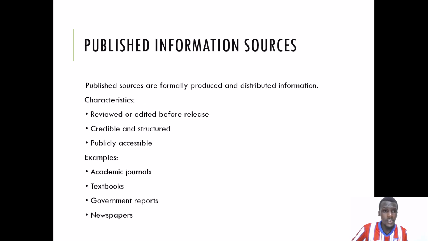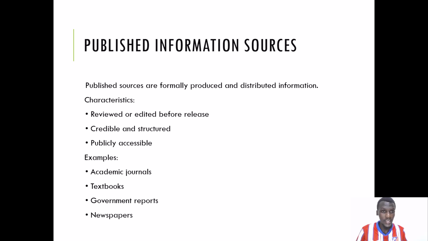Okay, so we're now going to published information sources. Published sources are formally produced and distributed information. The authors take time to write it or to produce it, and they are formally produced and distributed.